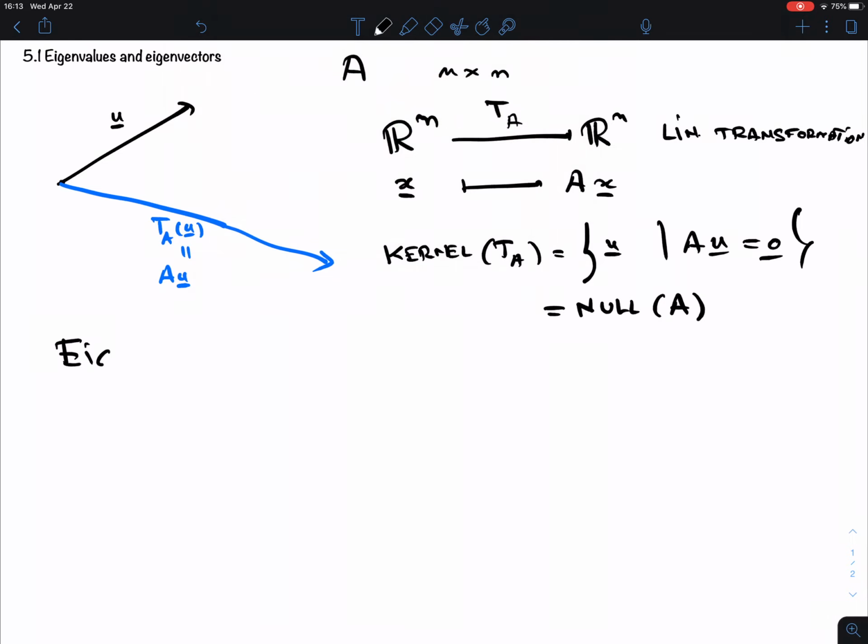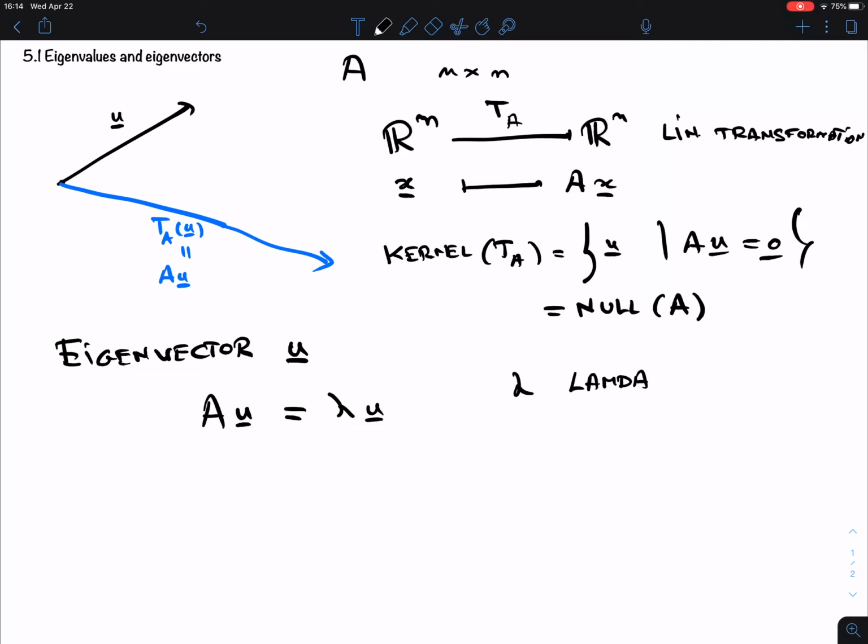An eigenvector u means that if I take the image under this transformation, in other words multiply with my matrix, I don't necessarily expect it to be equal to u, but it should be in the same direction, which means a multiple of u. The multiple we're going to use is this Greek letter lambda, which the book and many places use.